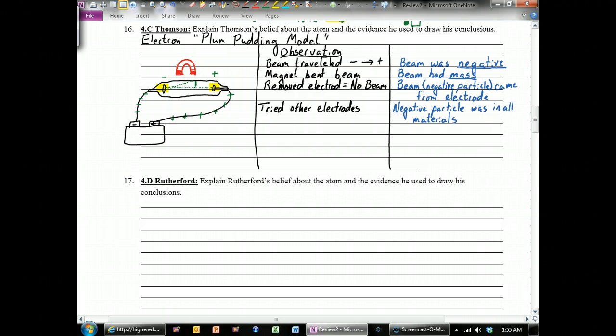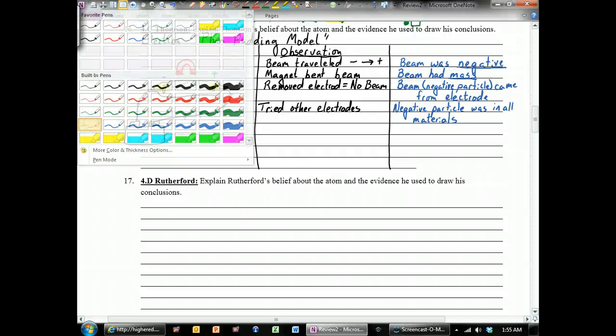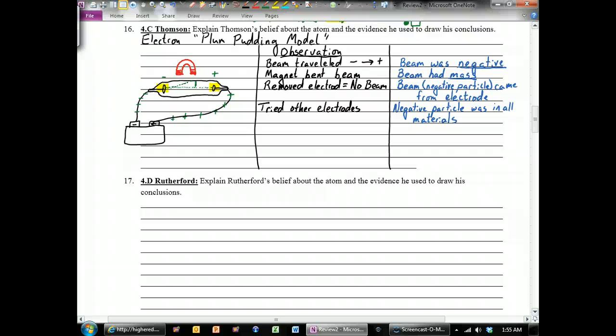Lastly, he wanted to try the simplest materials he could find, and the simplest materials were elements. Elements produce the same beam, and elements are only composed of one type of atom. That's all that composes an element.